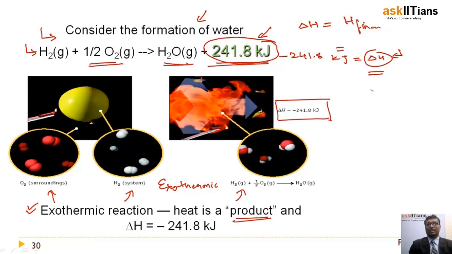Since delta H reflects the heat content of the system, the heat content is decreasing, because of which delta H is also decreasing. It is becoming negative, right? So here delta H is minus 241.8 kilojoules. So formation of water is an exothermic process.